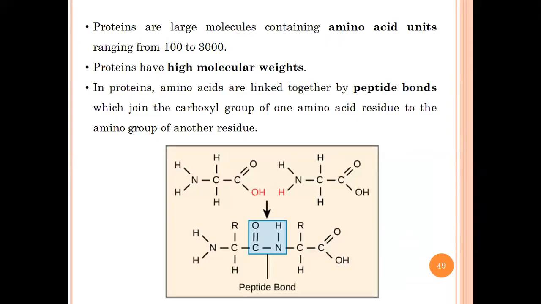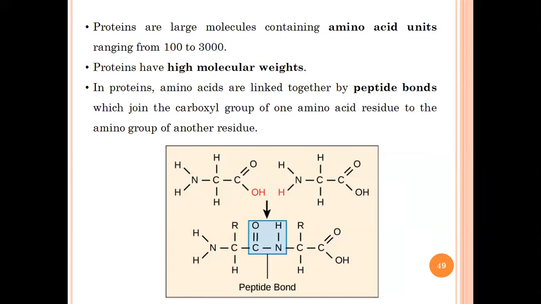All these amino acids have different properties and different charges, as just mentioned. Because of this large number of amino acids, the proteins generally have a high molecular weight, and that's why they are called a macromolecule and not a micromolecule. So proteins are macromolecules.